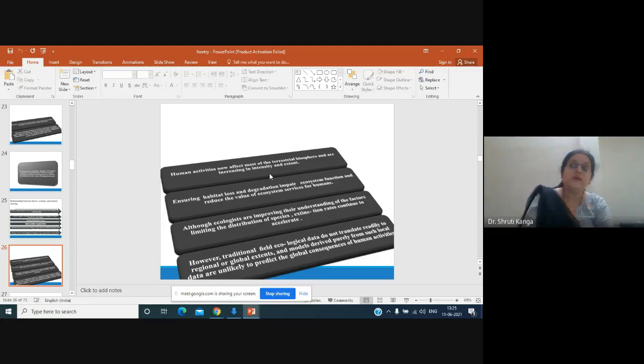Those are the areas we have to manage first. So with the help of these studies, we are doing this analysis in a better manner.